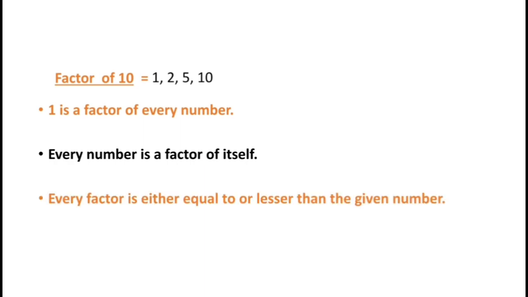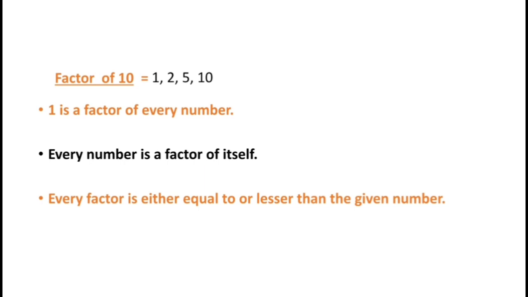Which means every factor is either equal to or lesser than the given number. If we take 24, in 24 also, all the factors will be less than 24 and equals to 24, because the last factor will be equals to the same number.